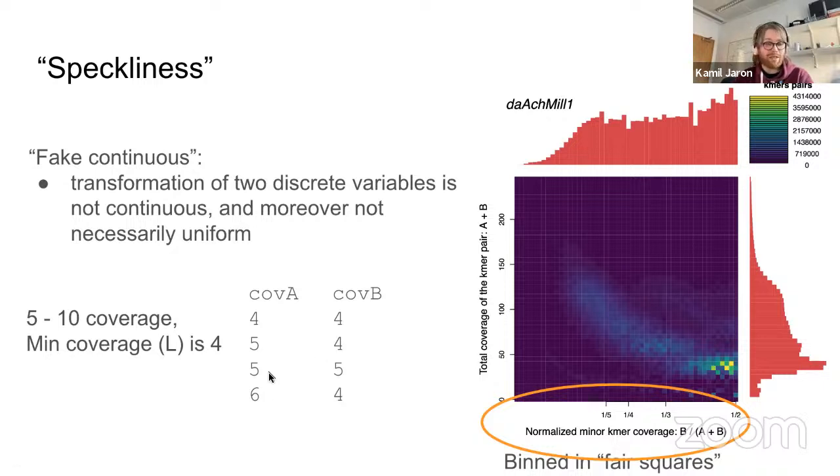For coverage sum 10, there will be 5, 5, and 6, 4. But if you think about it, this will give you only one ratio for this coverage, one ratio for that coverage, and two ratios for coverage 10. And the two ratios will be 0.5 and, what is it, 4 over 10, it's 0.4.